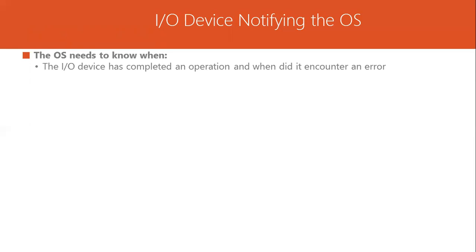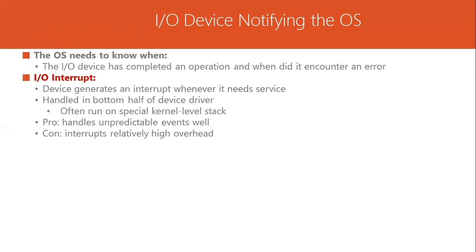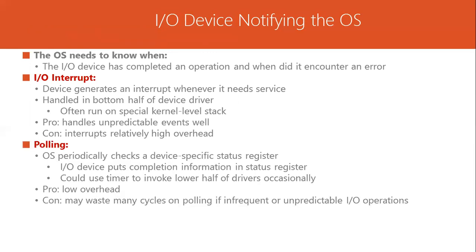This can be accomplished in two different ways, either through IO interrupt or through polling. Both of the methods have their own pros and cons. The downside of the interrupt-based method is its relatively high overhead, whereas the polling method wastes a lot of cycles on watching over infrequent or unpredictable events related to some device.